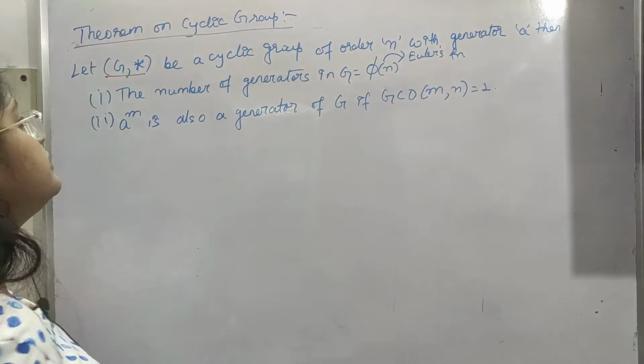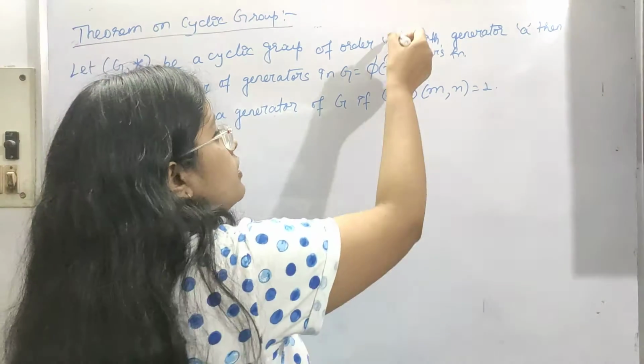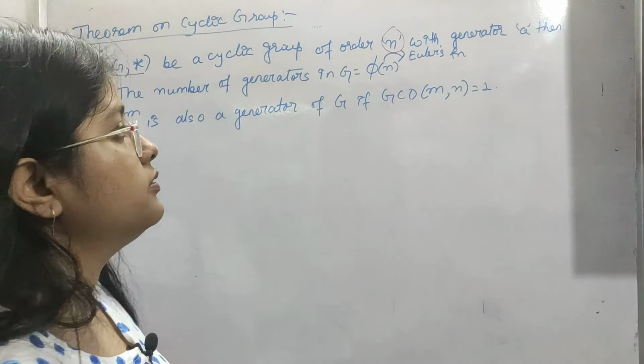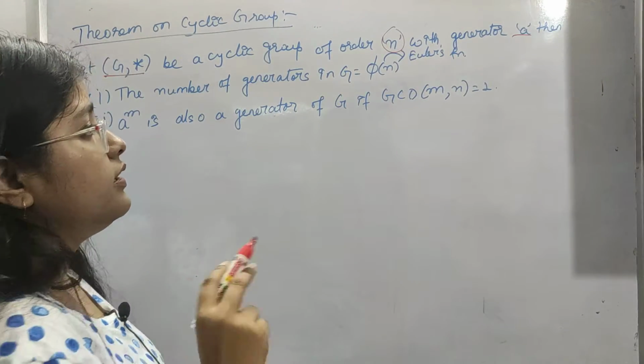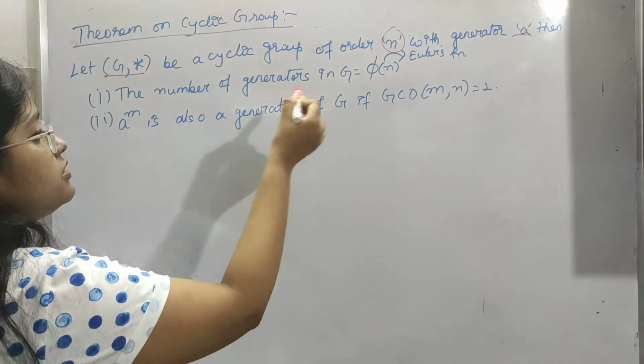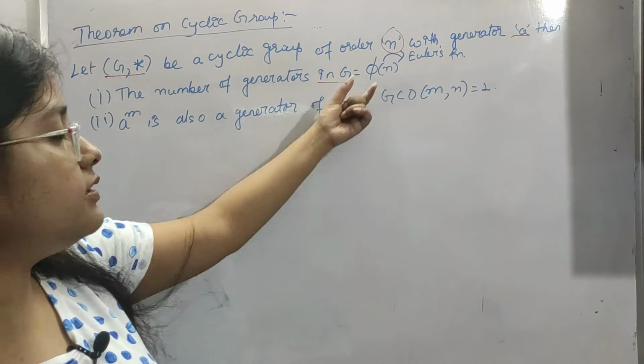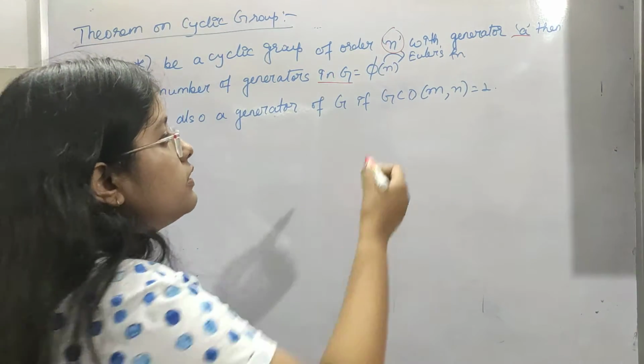Let G star be a cyclic group of order n, so the order is n here, with generator A. Then the number of generators in G is phi of n. This is Euler's function.